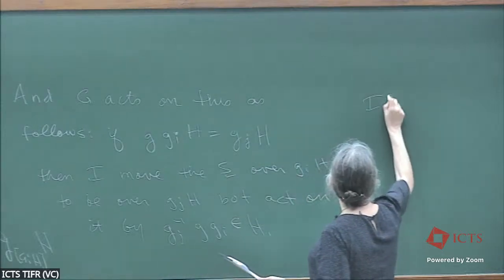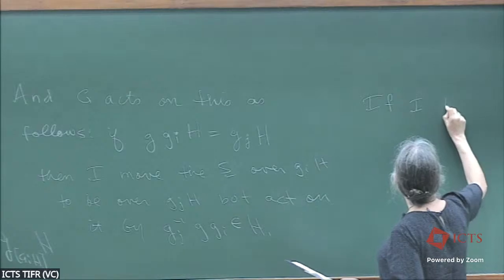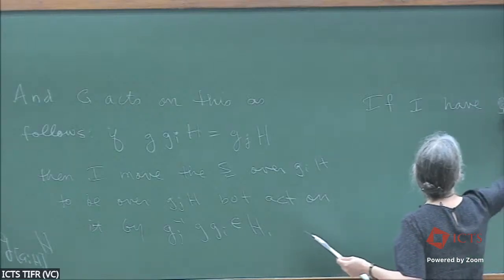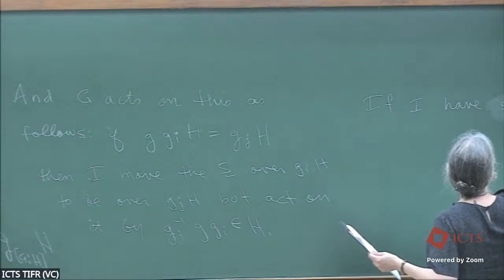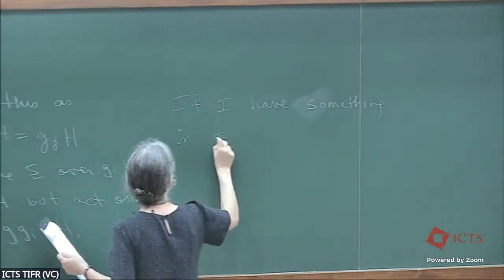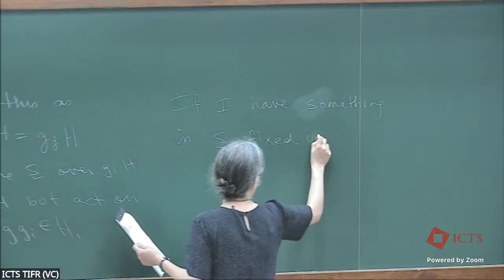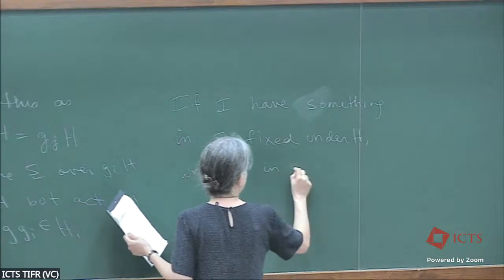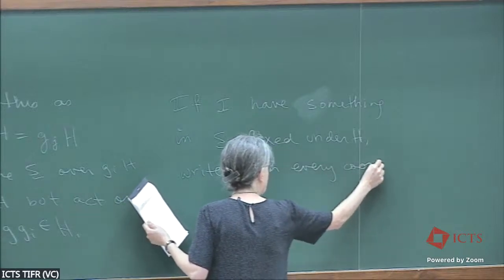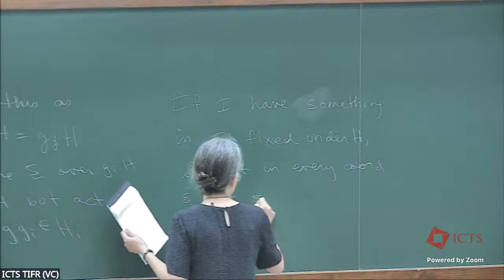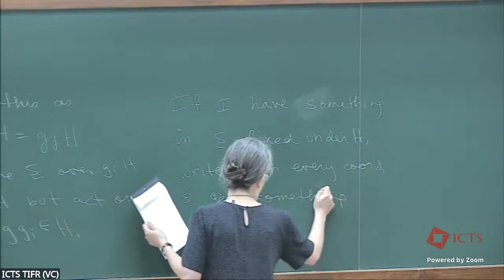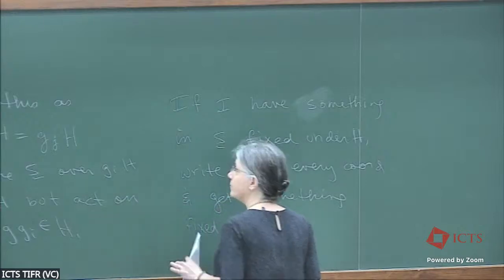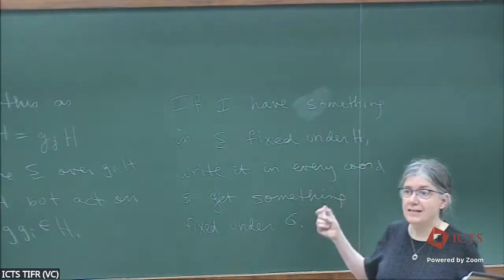And the point is that if I have something in S fixed under H, write it in every coordinate and get something fixed under G. Okay, exterior norm, classic idea.